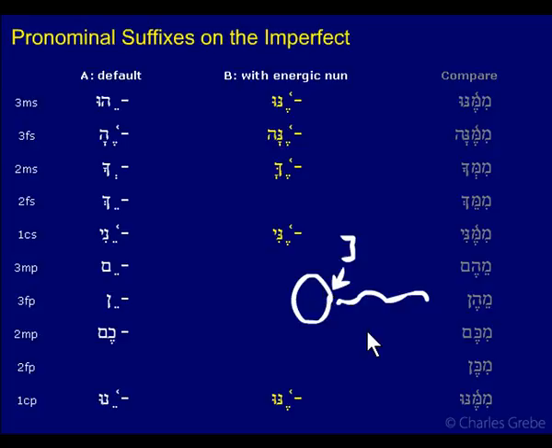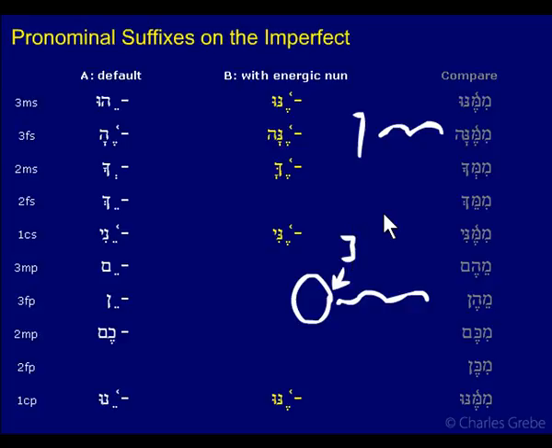Now, one thing to make sure you don't confuse this with, this is what they call the energic nun. There's something called the paragogic nun. If you have an imperfect form with a vowel ending, you can sometimes get a final nun, and it'll be written like the final nun, right? Which is different than this. That's called the paragogic nun.